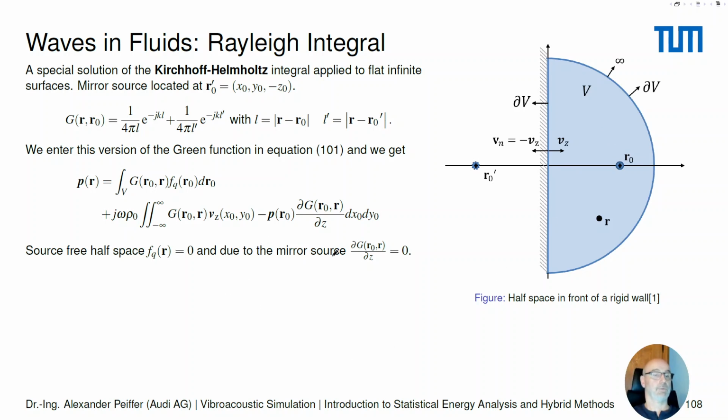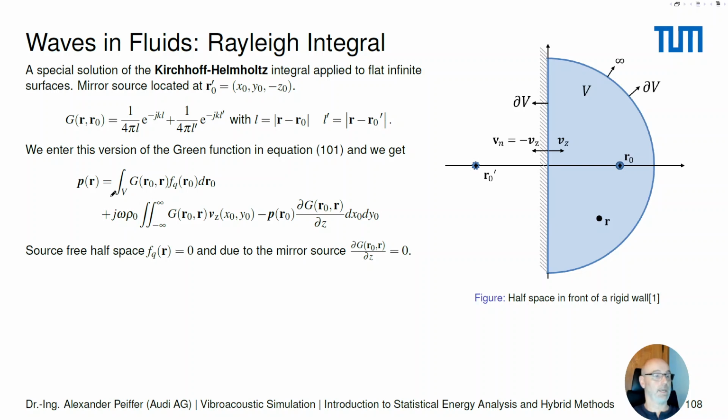And second, we just know the derivative of the generalized Green function in the normal of the surface. Due to the fact that we have an exactly matching mirror source on the other side, it's obvious that the sum of those functions at z equals 0 will be 0. That's the fact. So that's the derivative.